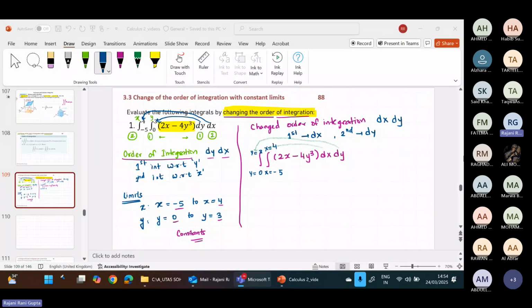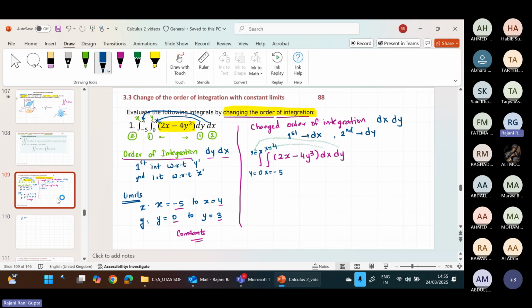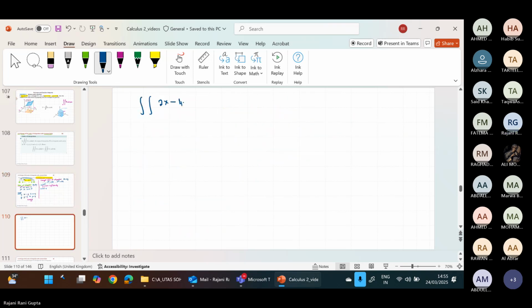Okay, so what will we do now? We have to evaluate this integral. So let me write this question over here. Double integral 2x minus 4y cube, we are doing now dx dy.